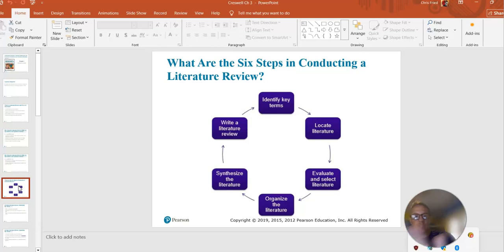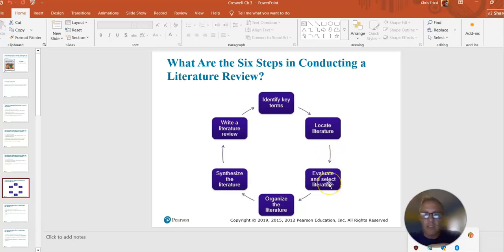So there's 6 steps in conducting a lit review, and these are the key ones, or these are the 6 of them right here. So what are your key terms? What's your topic? What is it that you're going to study? Okay, you're going to then look into and find the literature, the information. Okay?